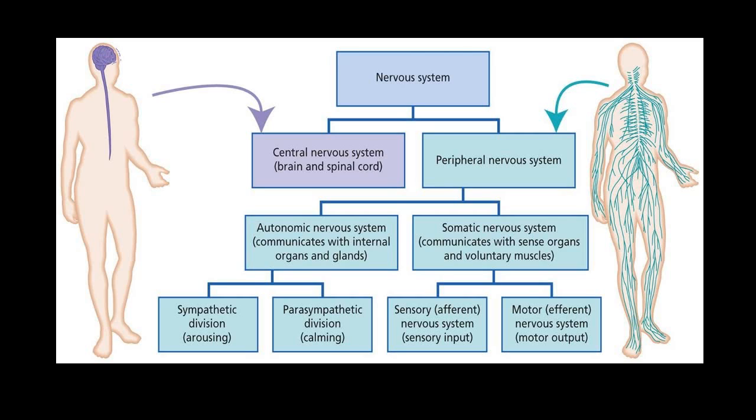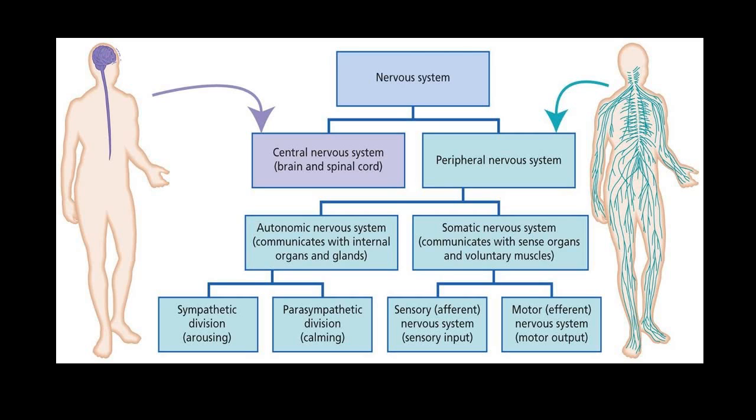So the peripheral nervous system, I'm going to refer to it as PNS for short. It transmits signals between the central nervous system and the rest of the body. So further down within the PNS, we have motor neurons and sensory neurons.